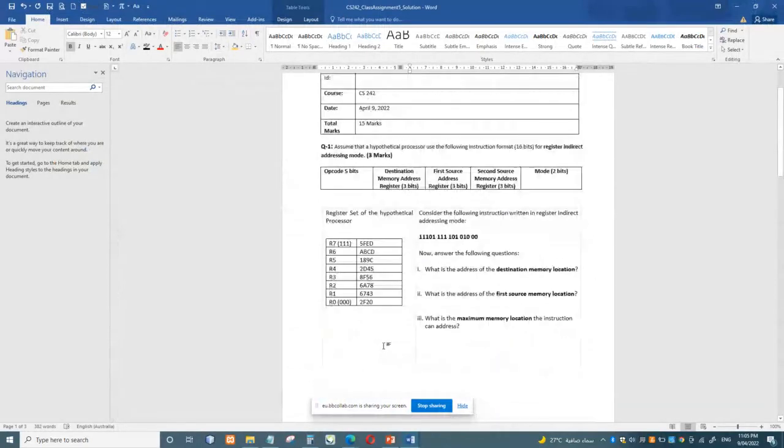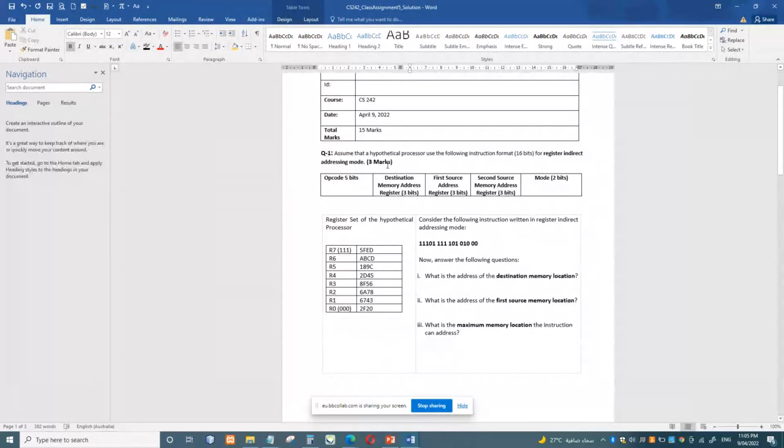So let's solve our class assignment number 5. First question: assume that a hypothetical processor uses the following 16-bit instruction format for register indirect addressing mode. Some register contains the address, and that address of the memory location contains your operand.